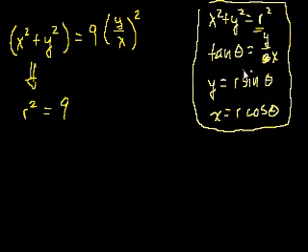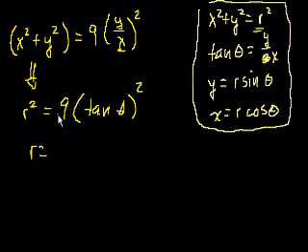That looks suspicious. Tangent of theta is equal to y over x. So this is tangent of theta. So 9 times tangent of theta squared. And maybe we want to take the square root of both sides. Right? So r is equal to, remember, we have to take the square root of both sides. So it's r is equal to, we could say plus or minus 3 tangent of theta.